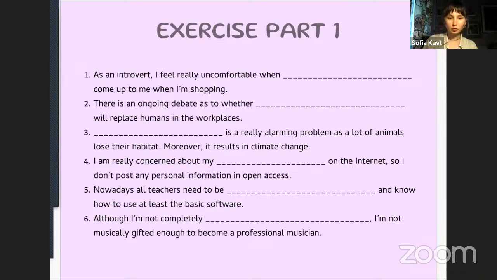Okay, any ideas regarding this part? Okay, very good. Correct.